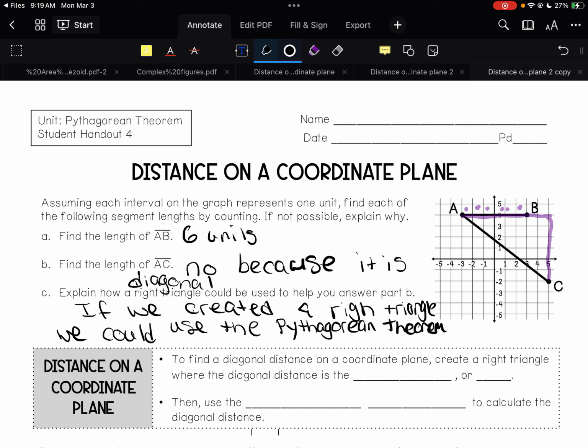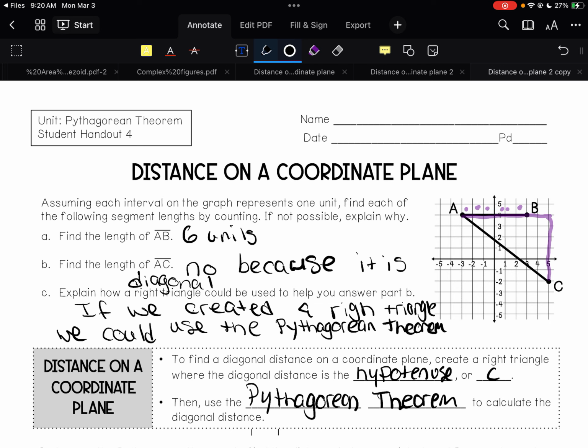So to find the diagonal distance on a coordinate plane, make a right triangle where the diagonal is the hypotenuse, or C, then we use the Pythagorean theorem to calculate the diagonal distance.